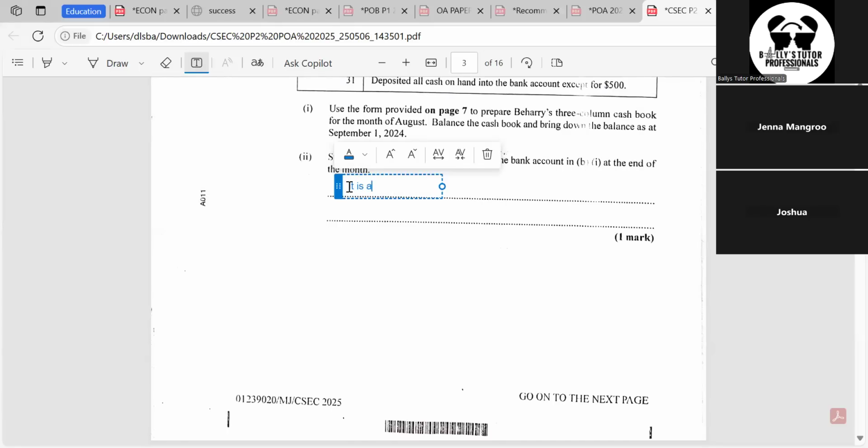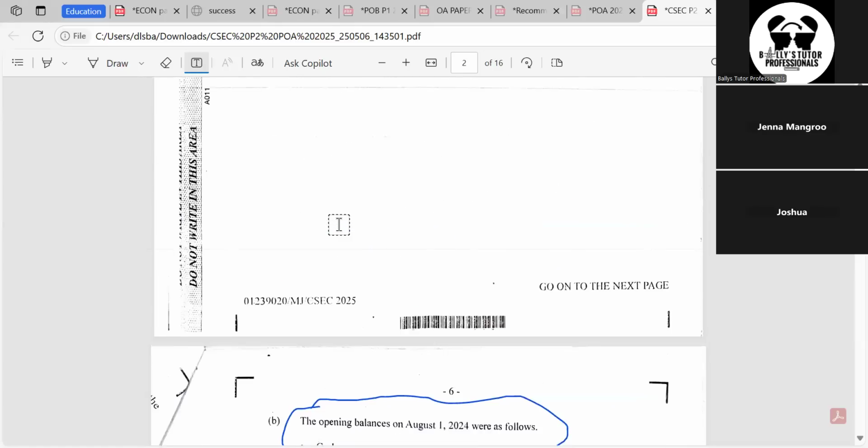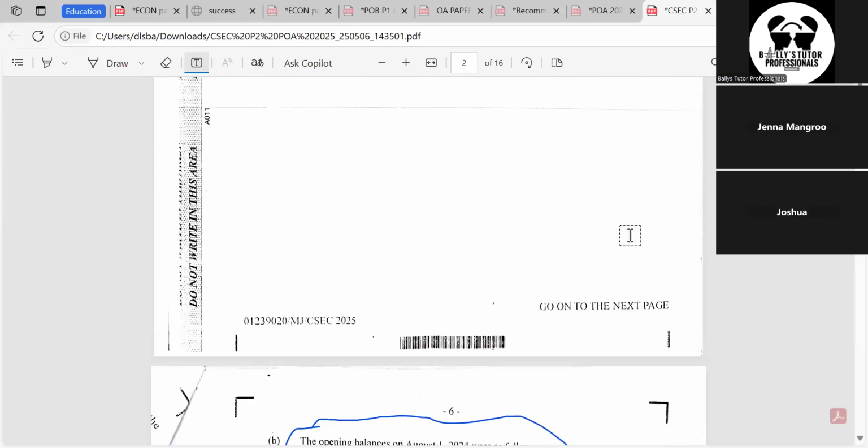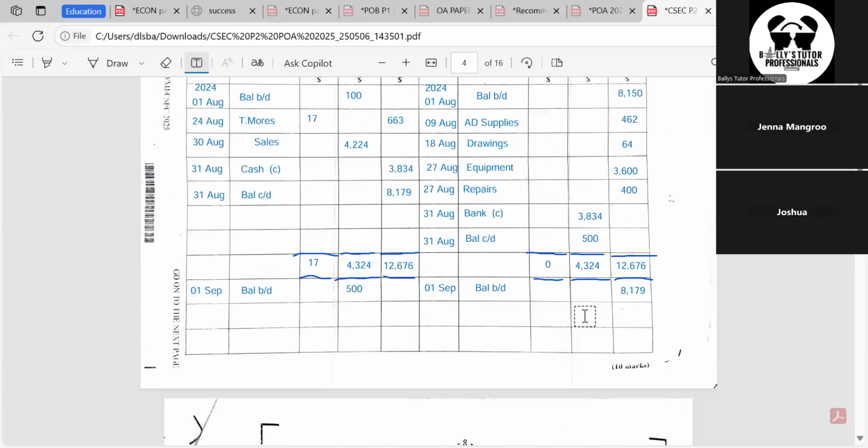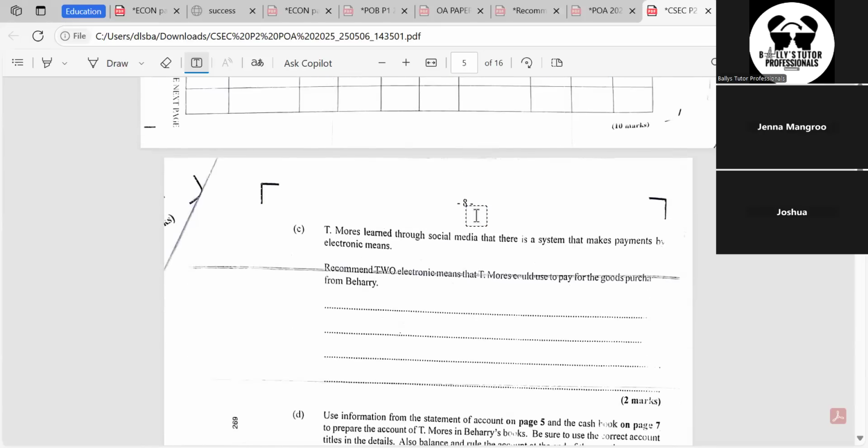Yes, sir. $500. Easy, sir. Right. So if you got this correct, there's 2 marks. This is 3, and there's 10, so that's 13 marks so far.